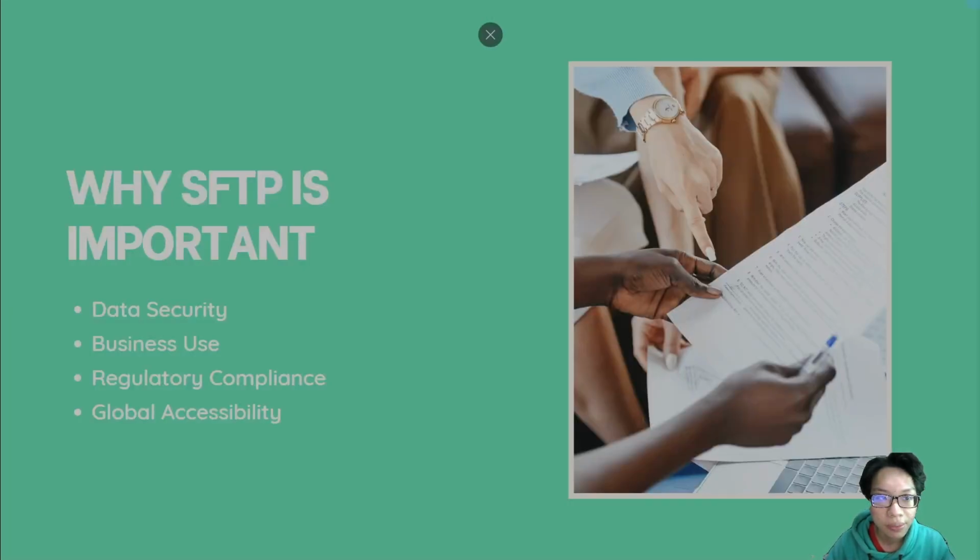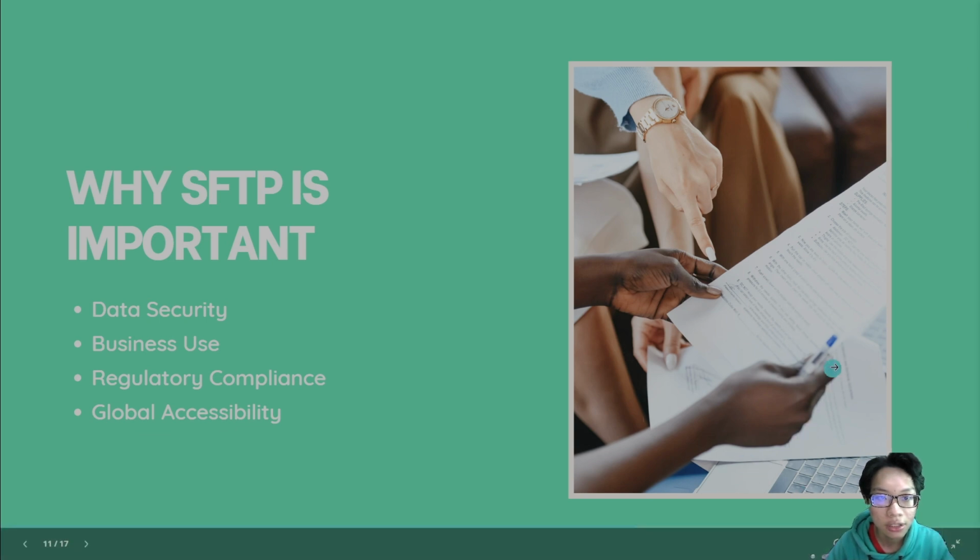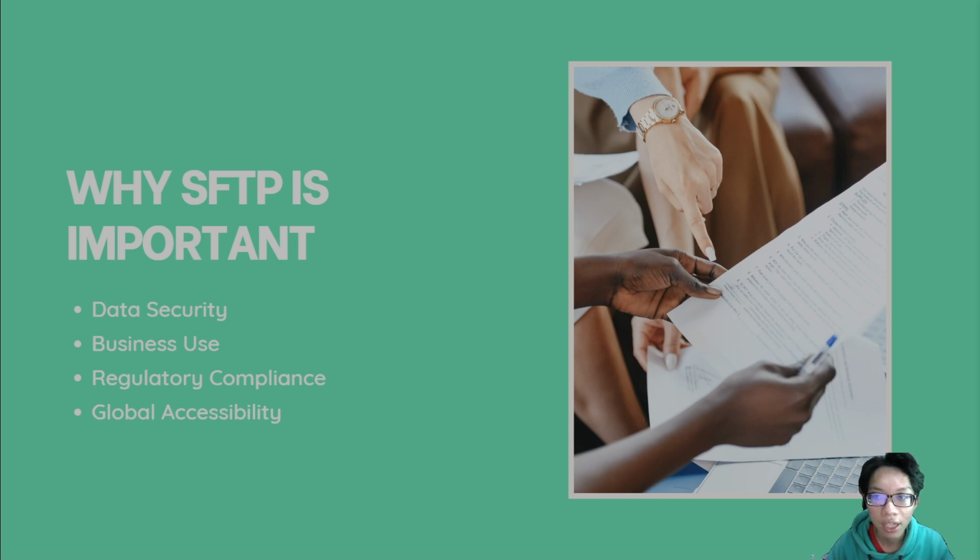So why is SFTP important? The first is data security. Ensure that sensitive files are encrypted during transmission, protecting them from unauthorized access or interception. Next is business use. It is crucial for industries such as financial, healthcare, and IT, where secure and reliable data transfer is mandatory.